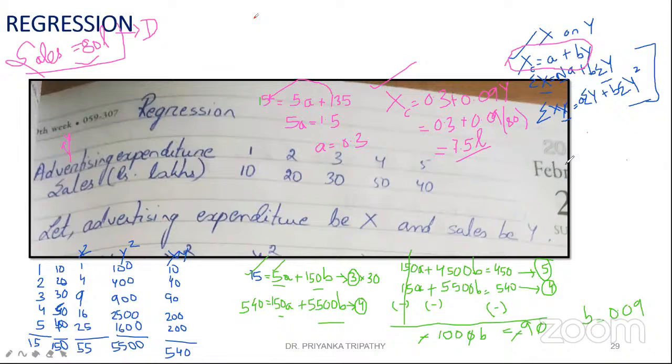Now if you see question B, they had asked what was the advertising expenditure price? 7 lakhs. Okay. Now in question number B, they have said if your advertising expenditure is 7 lakhs, then what will be your sales? So what are you going to find out here?